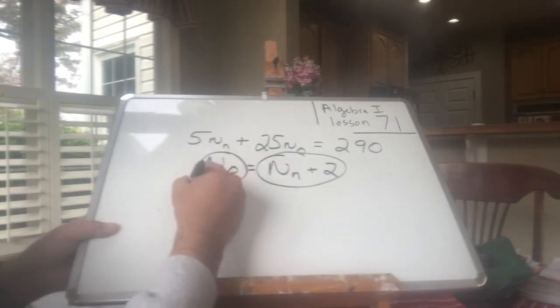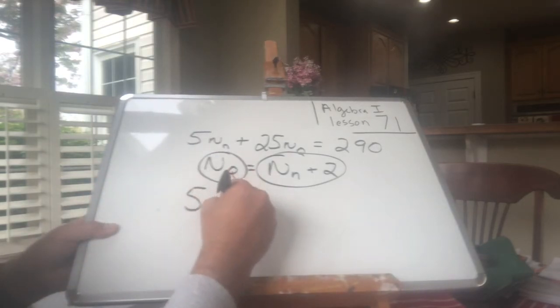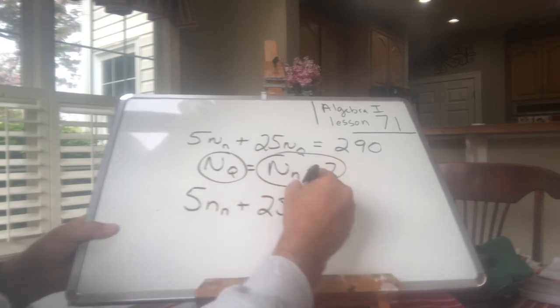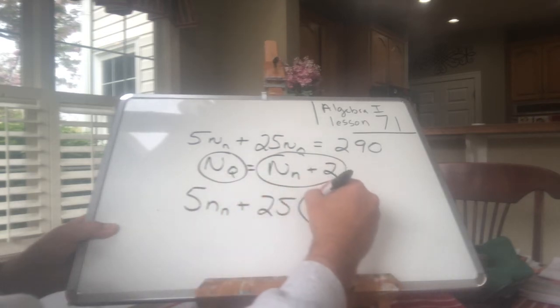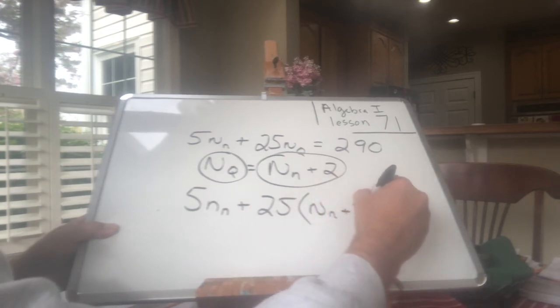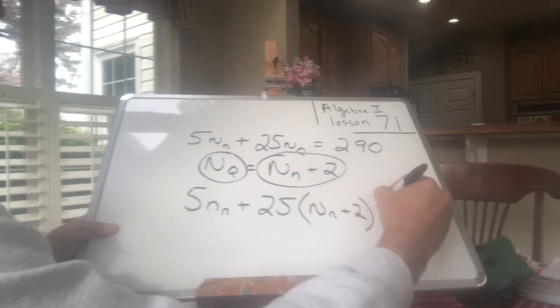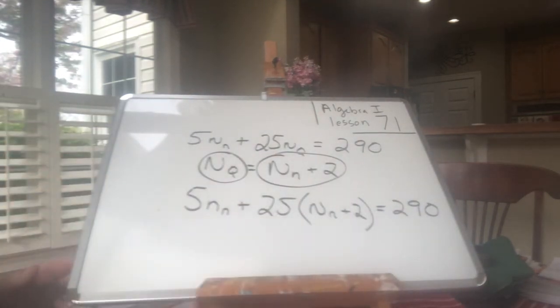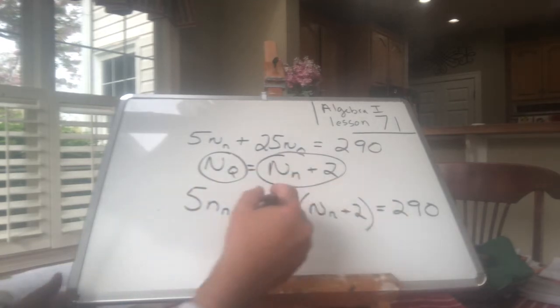Okay, so I'm going to rewrite this and write 5 times the number of nickels plus 25 times the number of nickels plus 2 equals 290. Okay? So I need to do the distributive property right here.